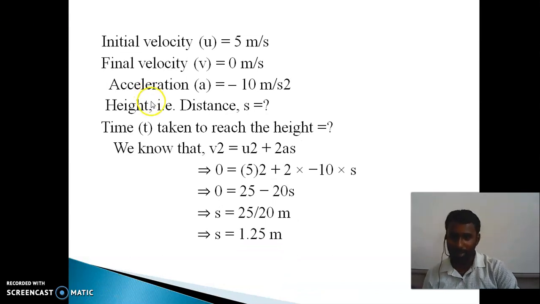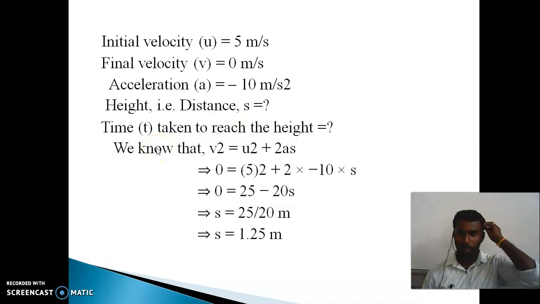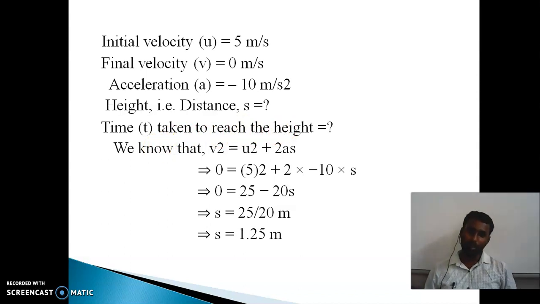So height or distance s equal to, what is the formula? Distance is nothing but the height. We know the formula v square equal to u square plus 2as, or v square minus u square equal to 2as.